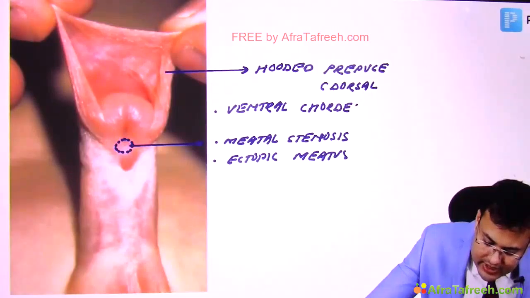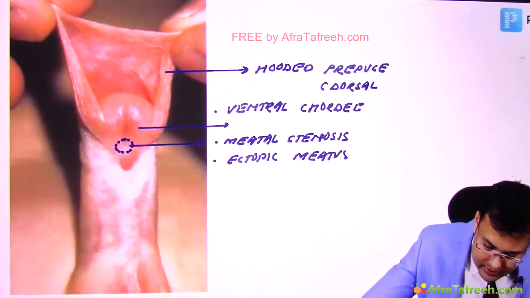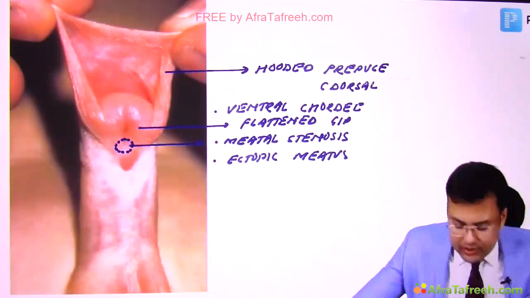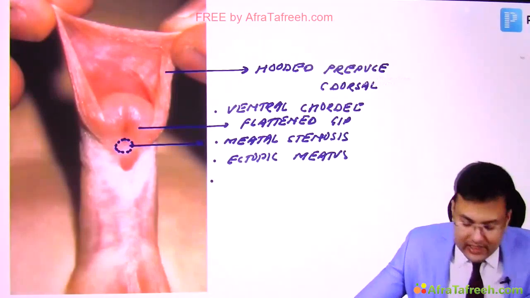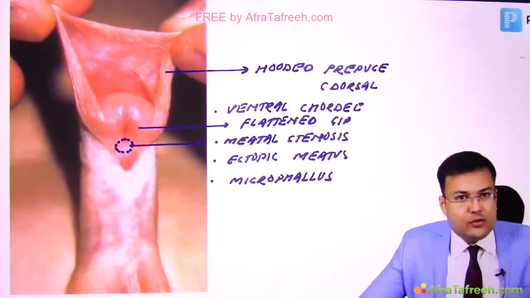Right? You can see the shape of the glans penis, it is flattened. So here, this is flattened glans penis. There is short length of the penis, so that is microphallus. Okay, these are the associations.